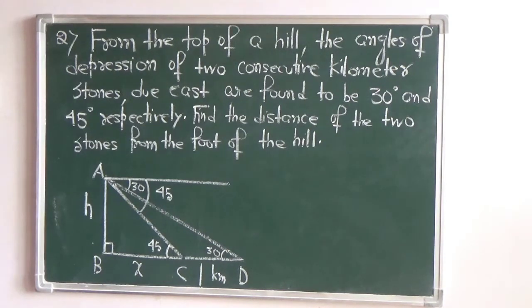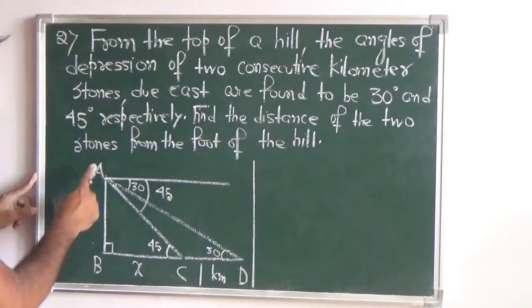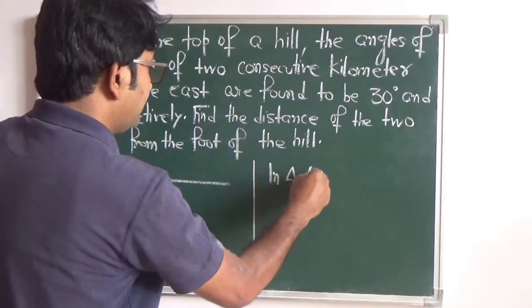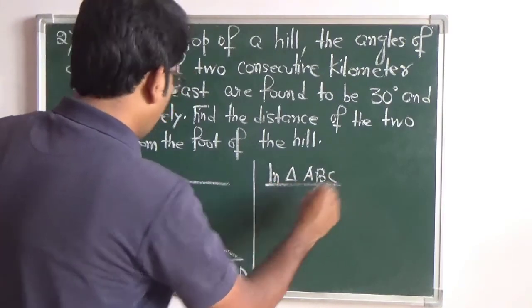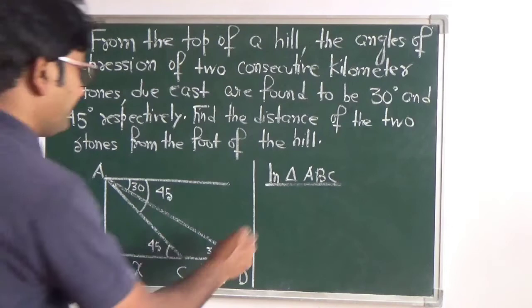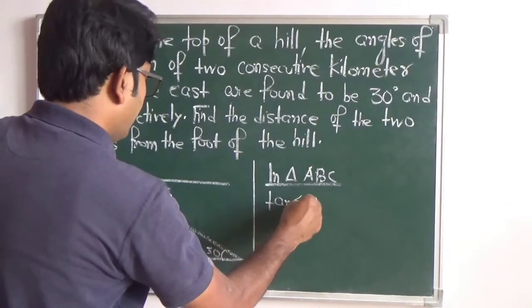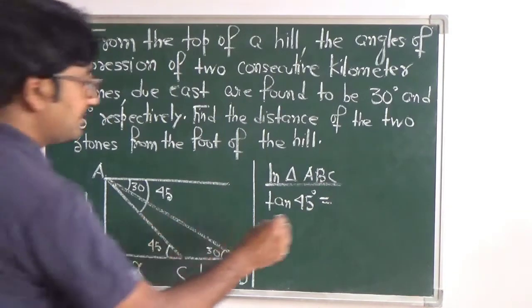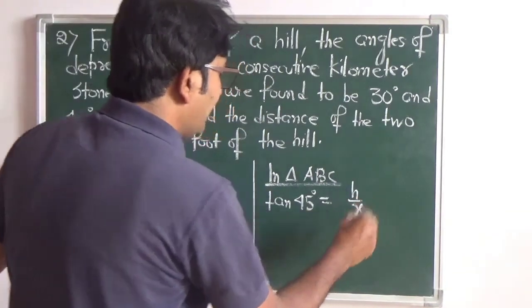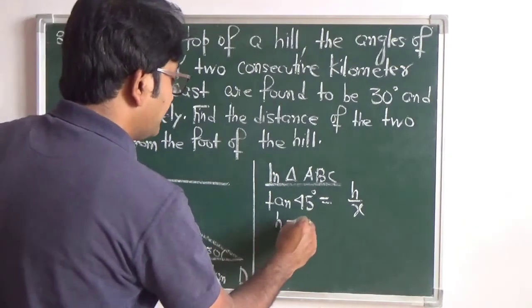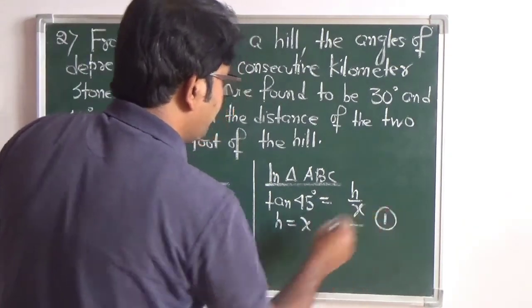So now, let us first start with this triangle. In triangle ABC, perpendicular on base, so obviously the ratio tan will be applied. So tan of 45 degrees is equals to perpendicular by base, that is H by X, and the value of tan 45 is 1. So we have H is equals to X. So let us name it as 1.